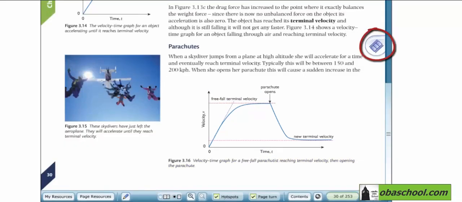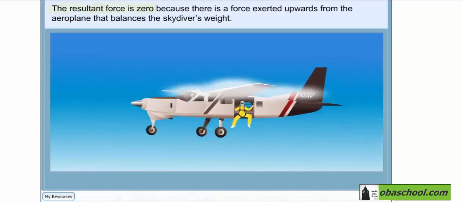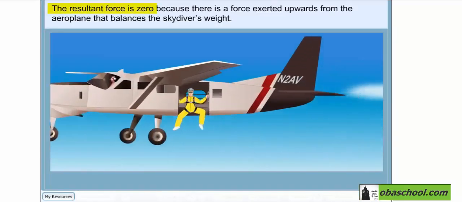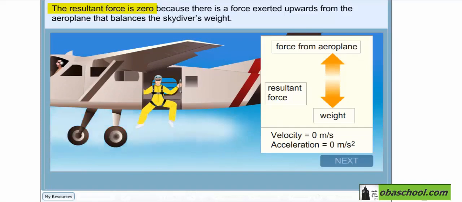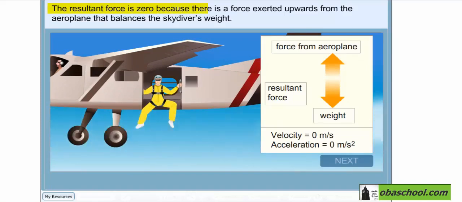Now let's watch this video by pressing on the hotspot icon. Here we have a skydiver. At this point, the resultant force is 0 because there is a force exerted upwards from the airplane that balances the skydiver's weight. So we have the weight and the force from the airplane.